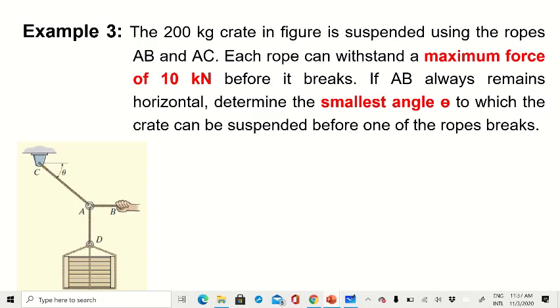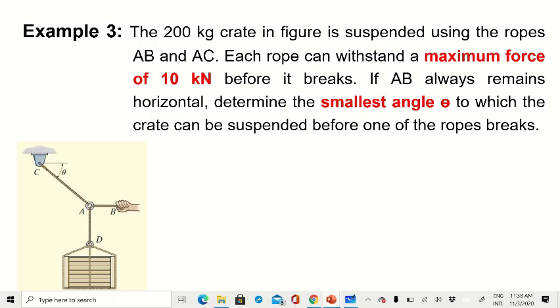Each rope can withstand a maximum force of 10 kilonewton before it breaks. If it is larger than 10 kilonewton, these ropes break down, right?